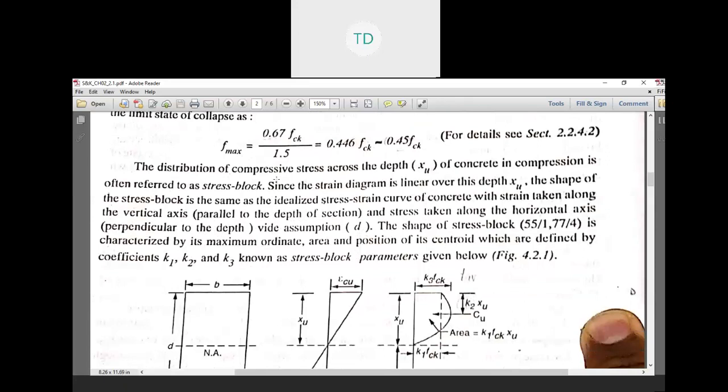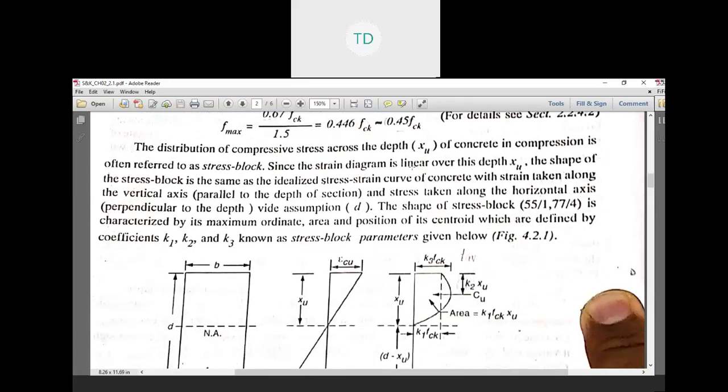The distribution of compressive stress across the depth xu of concrete in compression is often referred to as the stress block, since the strain diagram is linear over the depth xu.